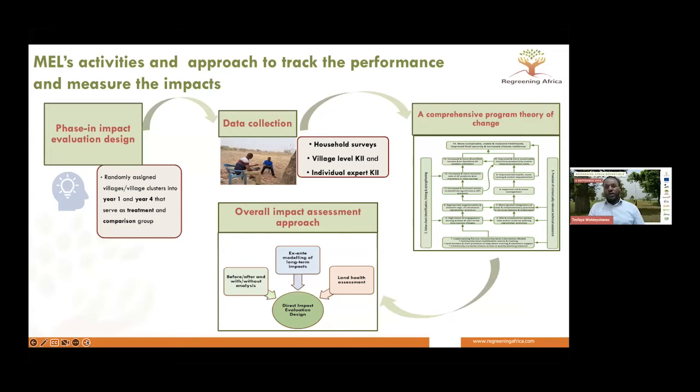It consists of 3 aspects: the ex-post impact assessment, and ex-ante modeling of the long-term impact of the program on farm incomes. We also look into some aspects of land health using the geotagged polygons that we collected for each of the households interviewed during the baseline, and this was updated for households in Rwanda during the endline. Next, please.